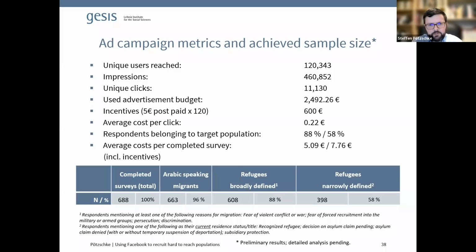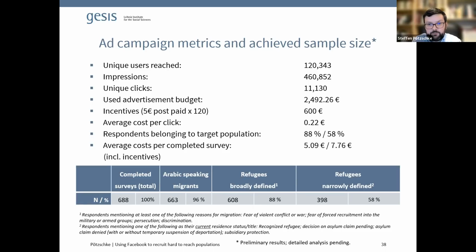Of those, 608 or 88% fall into a category which we call here refugees broadly defined, which basically means self-identification. We had an instrument in our questionnaire which allowed people to state the reason for their migration, and there we classified in this category those reasons that could be defined as forced migration.